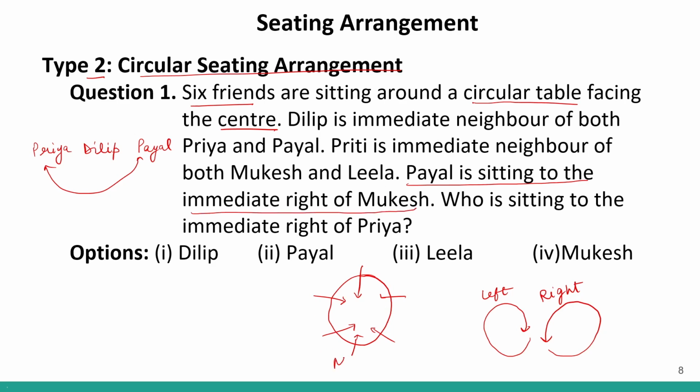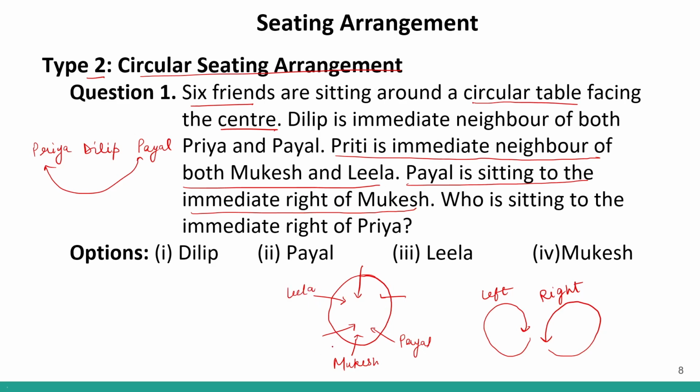So if Mukesh is sitting over here, let's say, I can say that Payal will be sitting over here, to the immediate right of Mukesh. Now can I use the information that Preeti is immediate neighbor of Mukesh and Leela? On the right side of Mukesh, we already have Payal. Over this side, we can have Leela, correct?